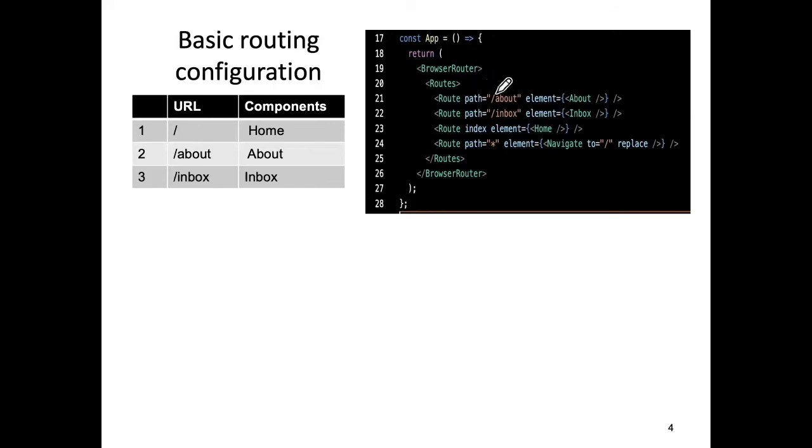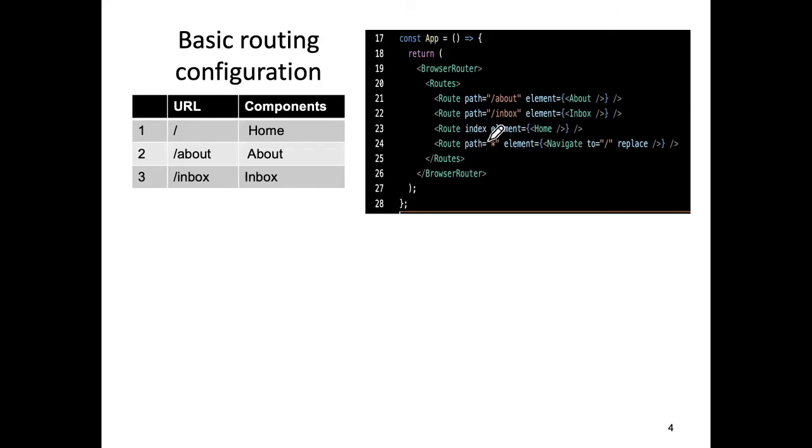This one here is saying, if the URL in the browser is this, then mount this component onto the DOM and replace what's currently attached to the DOM. If the URL in the browser changes to this, then unmount what's currently attached to the DOM and mount this component. This is kind of the default case, which corresponds to this one here, the index case.